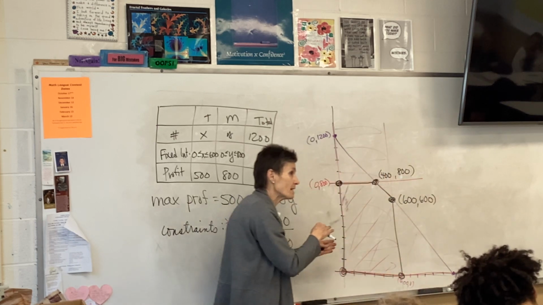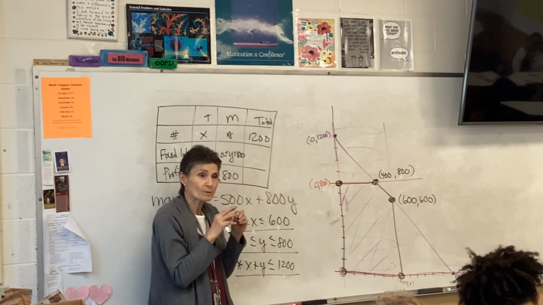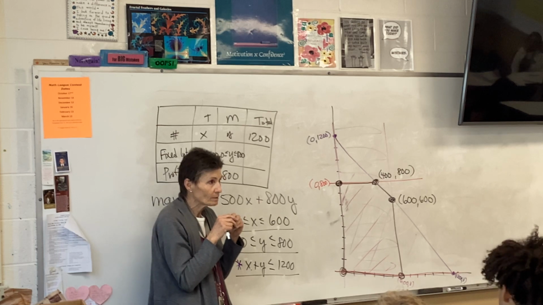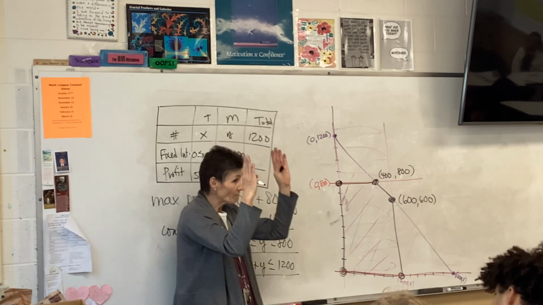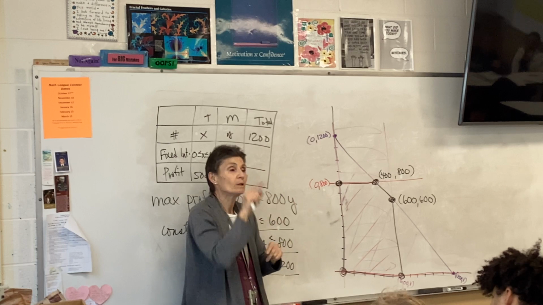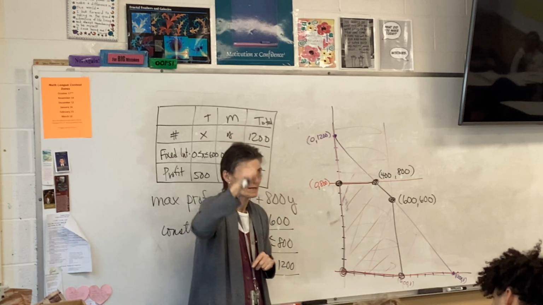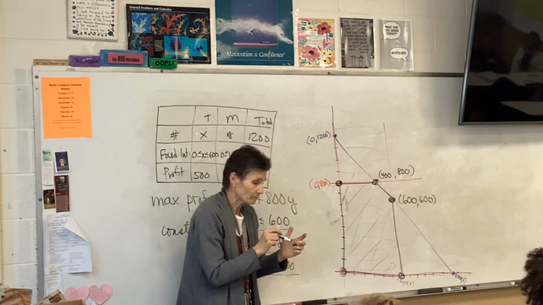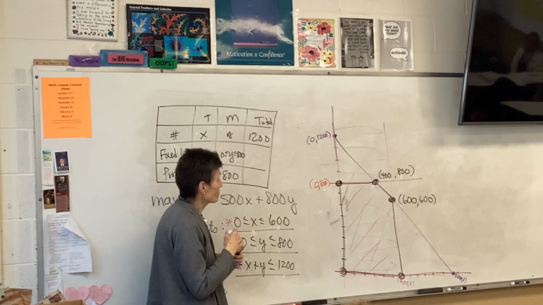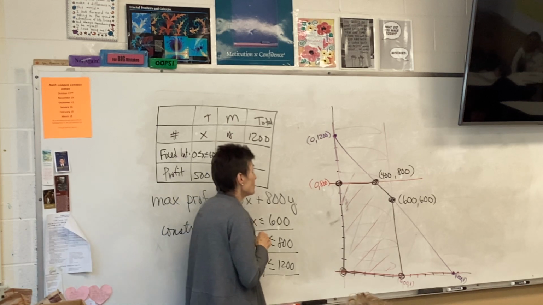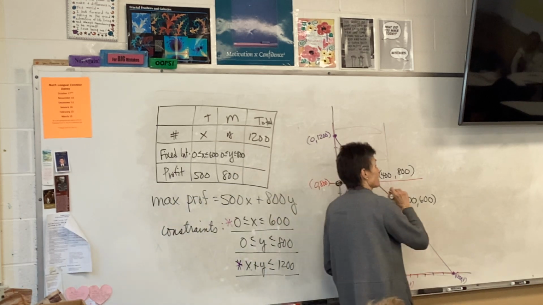So the nice thing about these is, you don't have to do that substitution and elimination, because if you're horizontal or vertical, we know what either X is or Y is, depending. Okay, so now I have my points.